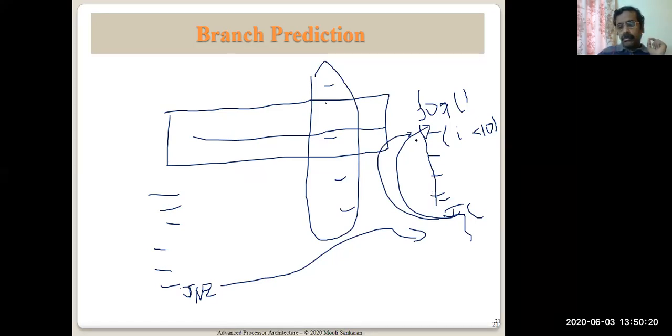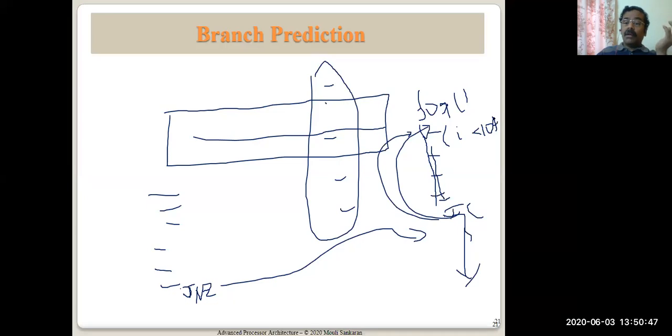The number of instructions in the for loop depends on how big the loop is. Maybe some set of 5-6 instructions, you will be executing them again and again. So what is the probability of jumping back compared to coming down? It is now 1 by 10.